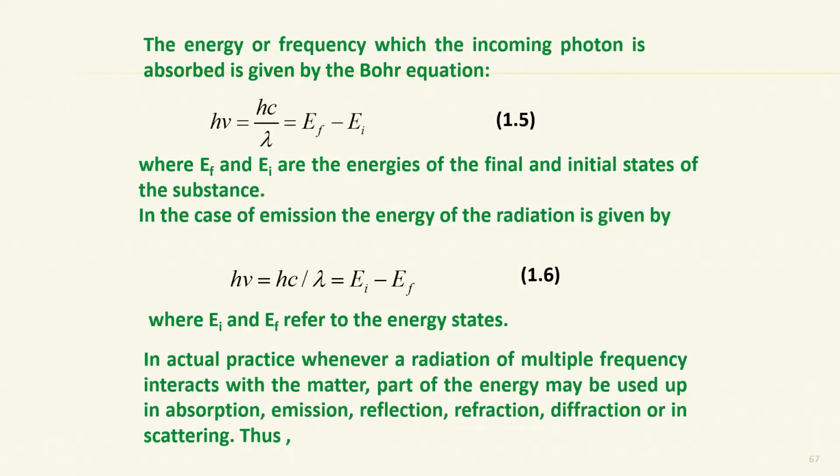In case of emission, the energy of the radiation is given by h nu equal to hc by lambda, that is EI minus EF. Here I am defining two aspects: one is emission, another is absorption.